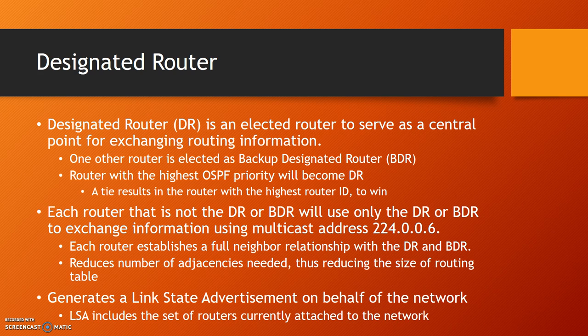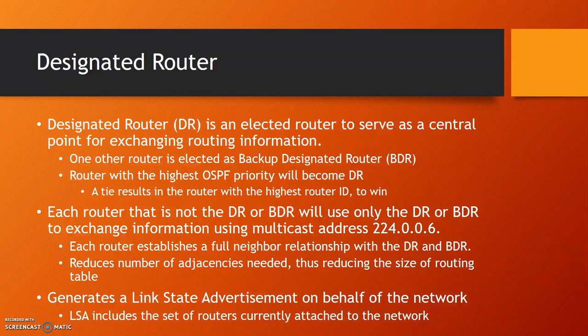So speaking about routers, in each area you're going to have a designated router, which is elected to serve as the central point for exchanging routing information. There's another router that will be elected as the backup in case something happens to the designated router.